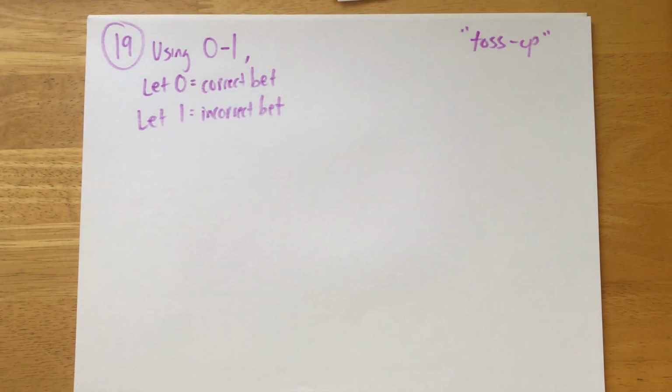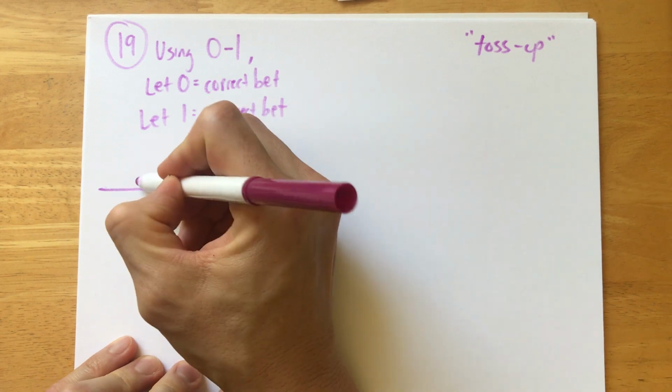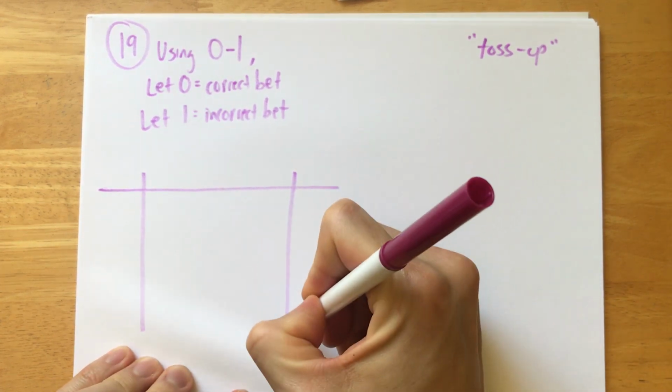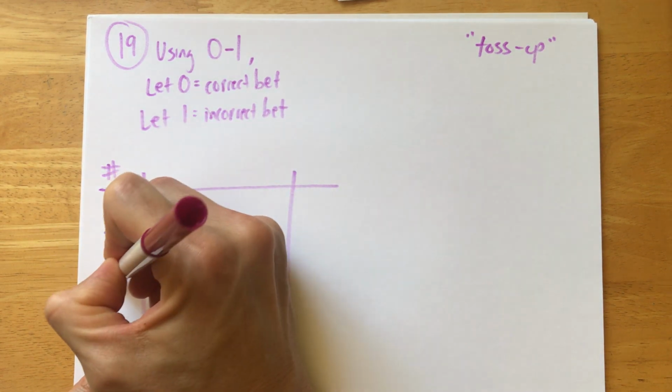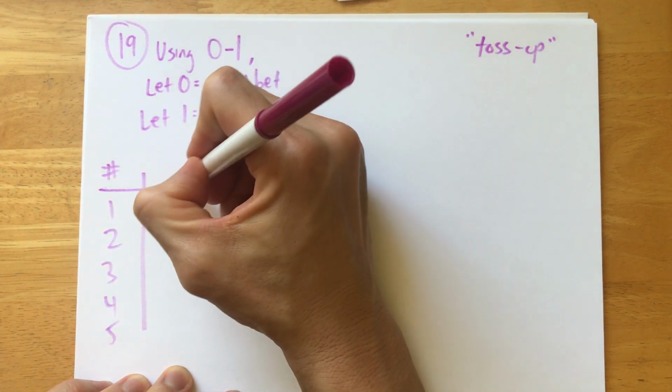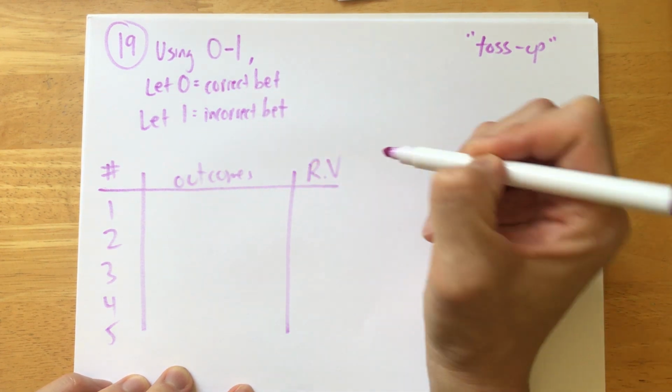Okay. And I'm going to get my calculator. I'm going to make my table. So trial number, we're going to do 1, 2, 3, 4, 5. Our outcomes, and then our response variable right here.